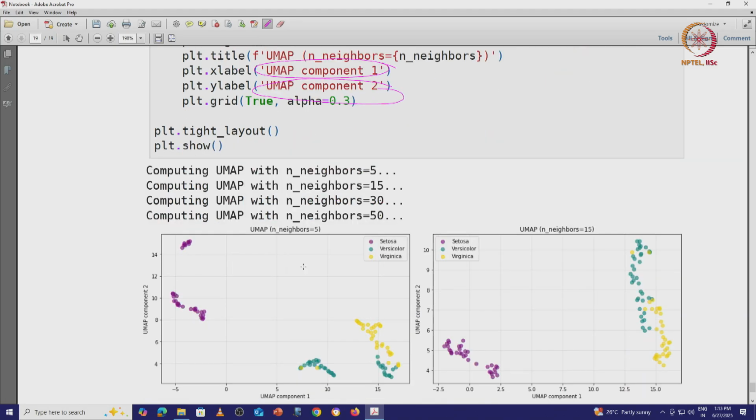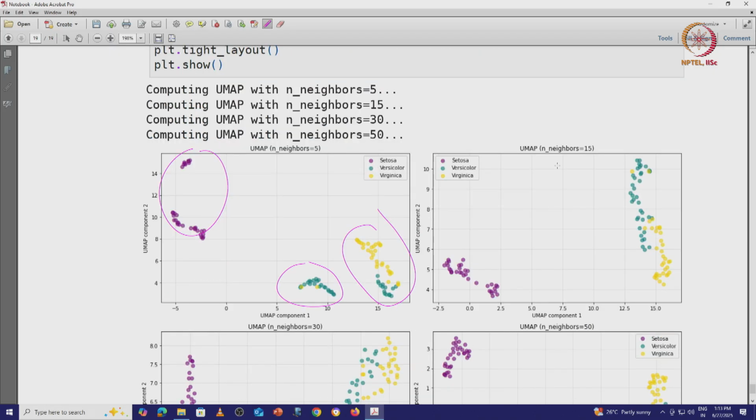This is UMAP with n neighbors 5, the first one. There is some mixing of the flower types here. This is UMAP with number of neighbors 15.